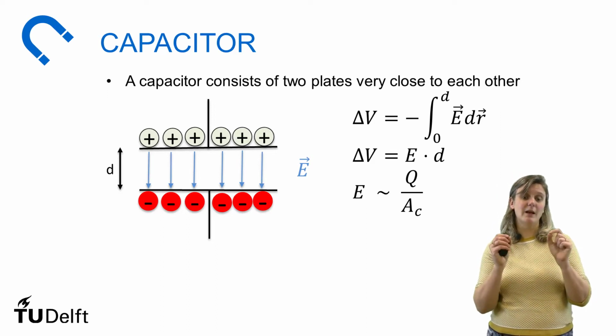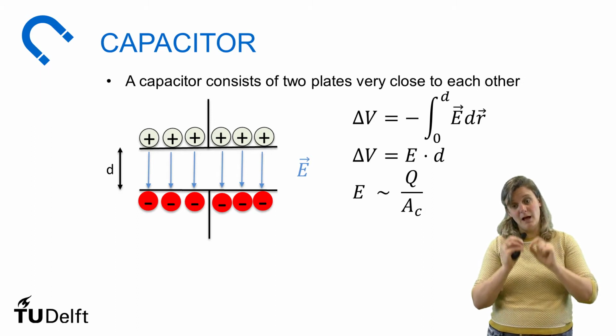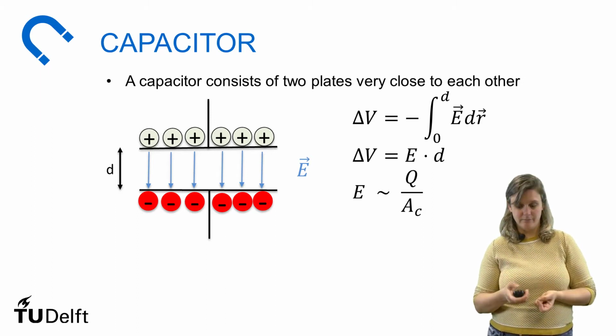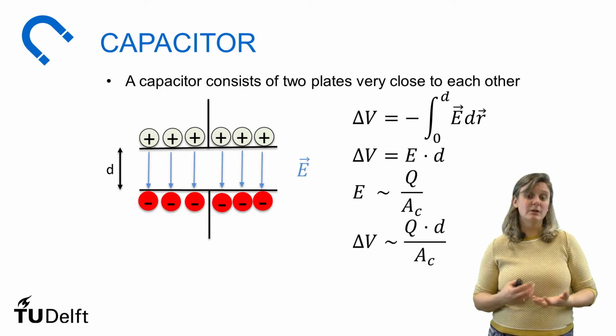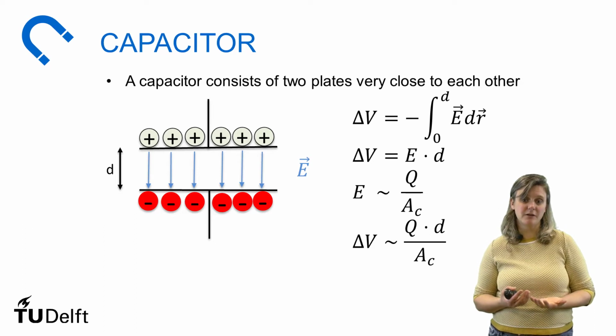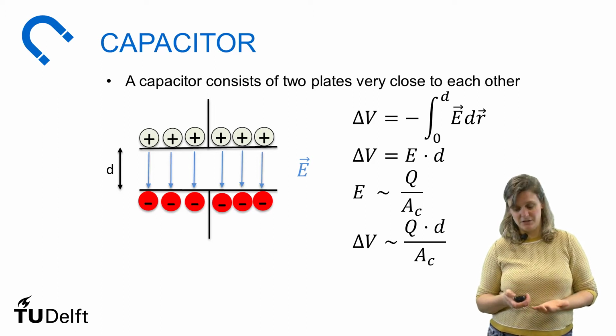Imagine that you put two extra positive charges on the top, the electric field will become higher. Remember, you can add up field lines. Now, you can rewrite this, putting the two together, and then what you see is that the potential difference scales with the number of charges times the distance divided by the area of the capacitor.